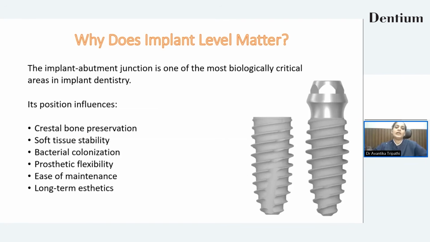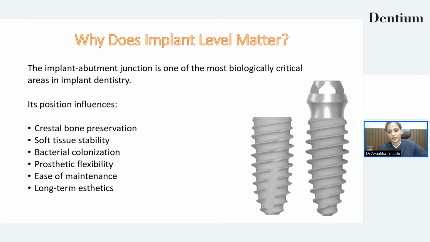Now, what is the main requirement of choosing the implant levels? Why does the implant level matter a lot? Basically, the implant abutment junction is one of the most biologically critical areas in implant dentistry. And the position of this implant abutment junction influences the crestal bone preservation, which later on prevents marginal bone loss.